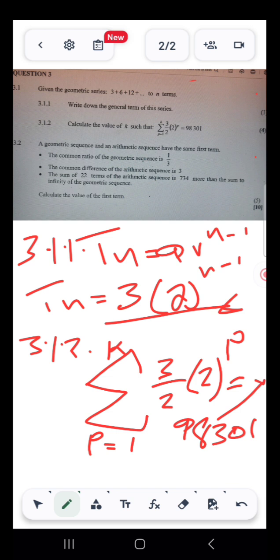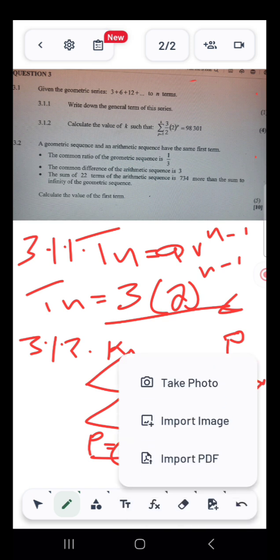The Greek alphabet is the only difference. So p starts at 1, meaning we can expand this to a sequence with numbers. Substituting p as 1, then 2, then 3, it's a sequence.